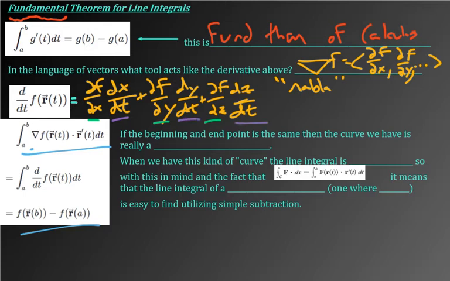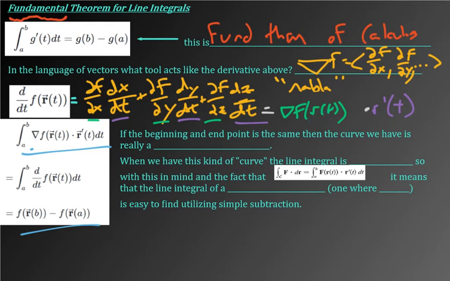So it has the structure of the gradient of f of r of t, dotted with r prime of t. Sorry, just r prime.